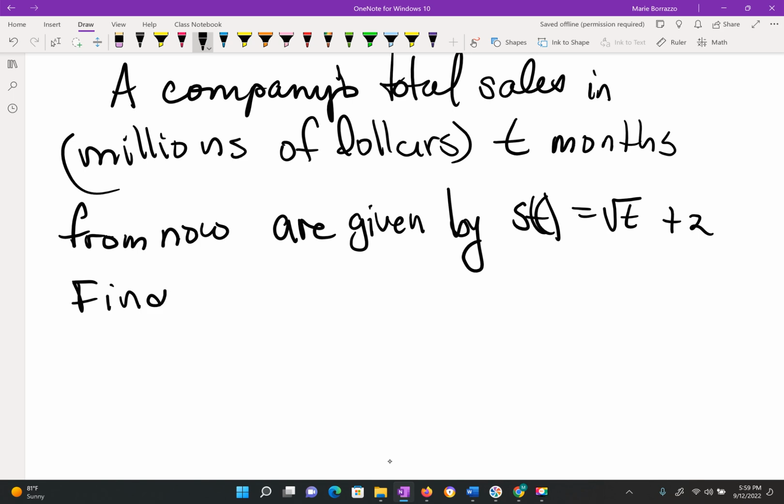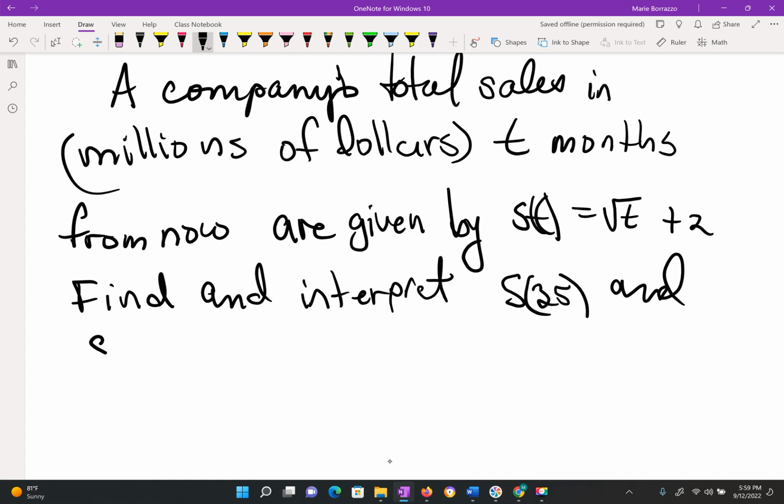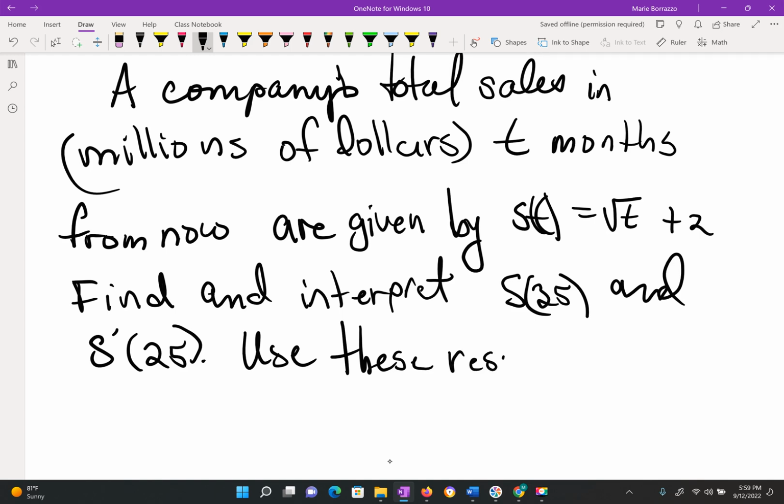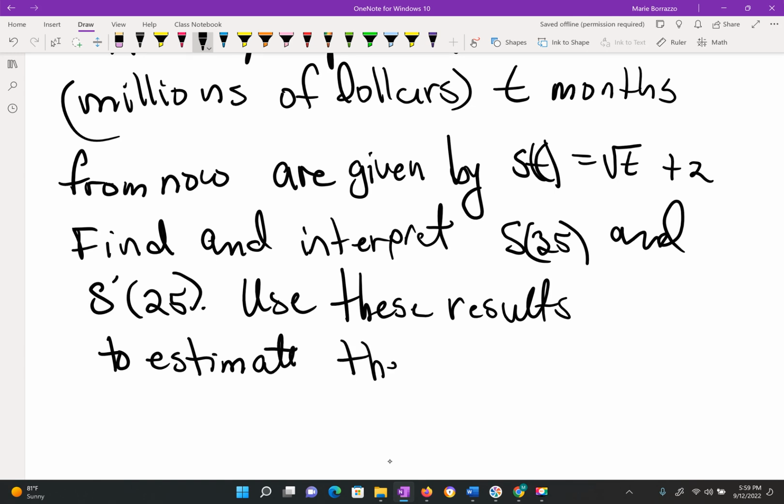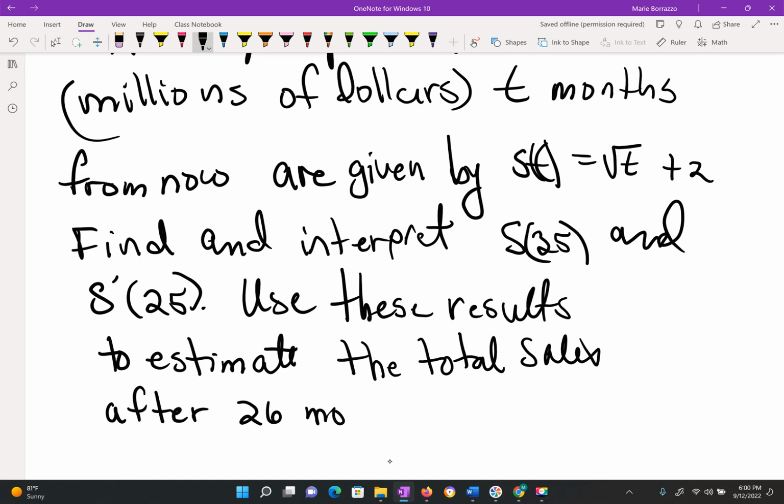Find and interpret S of 25 and the first derivative of 25, and then use these results to estimate, I'll bring that back down in a minute, the total sales after 26 months and after 27 months.